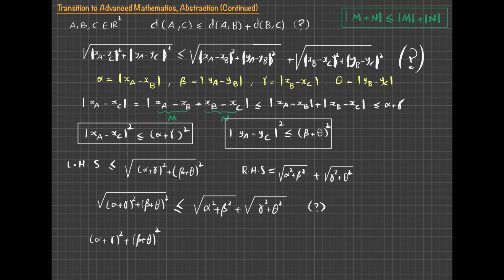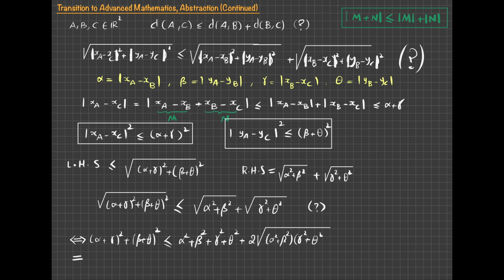And on the right-hand side, I will have the first one squared, the second one squared, but of course plus 2 times the first one times the second one, which is square root of alpha squared plus beta squared times gamma squared plus theta squared. By the way, this is recursive, yes? First of all, it is clear that I can go in this direction, but because all of these expressions are non-negative, I can go back by taking a square root and factorizing the right-hand side in this form. So this is indeed recursive.